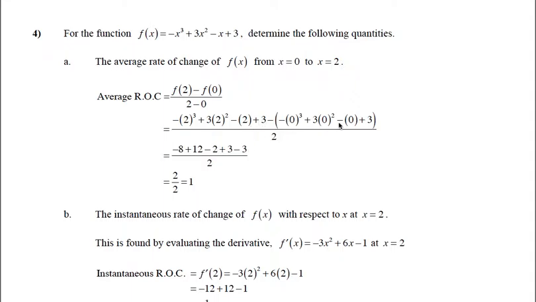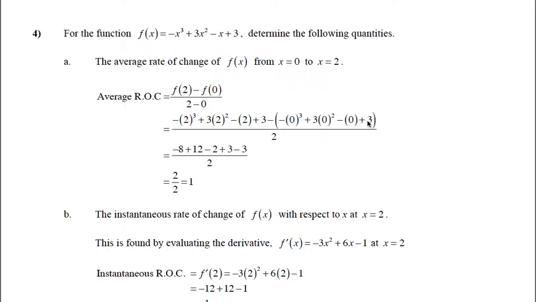Now, over here, the value of the function at 0: 0 cubed is 0, 0 squared is 0, and 0 is 0. So all these terms here will just be 0. And what's left inside the parentheses is positive 3.